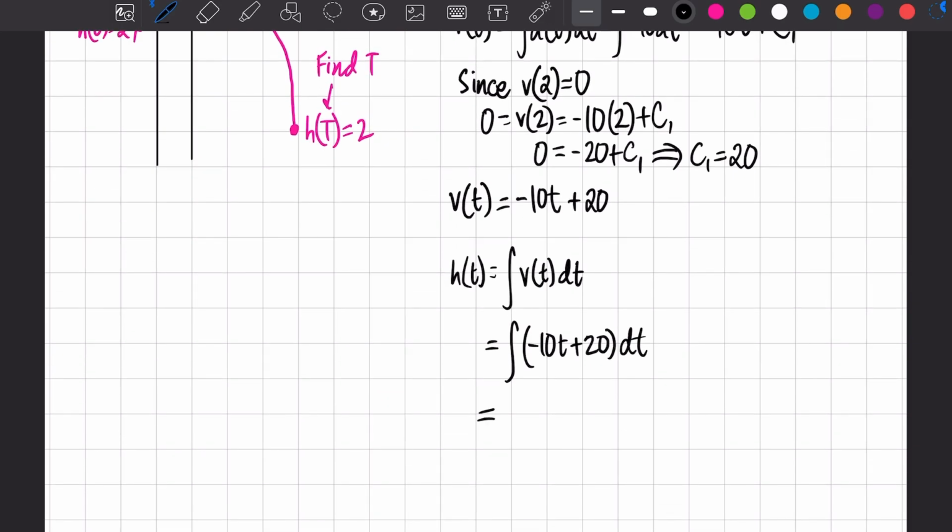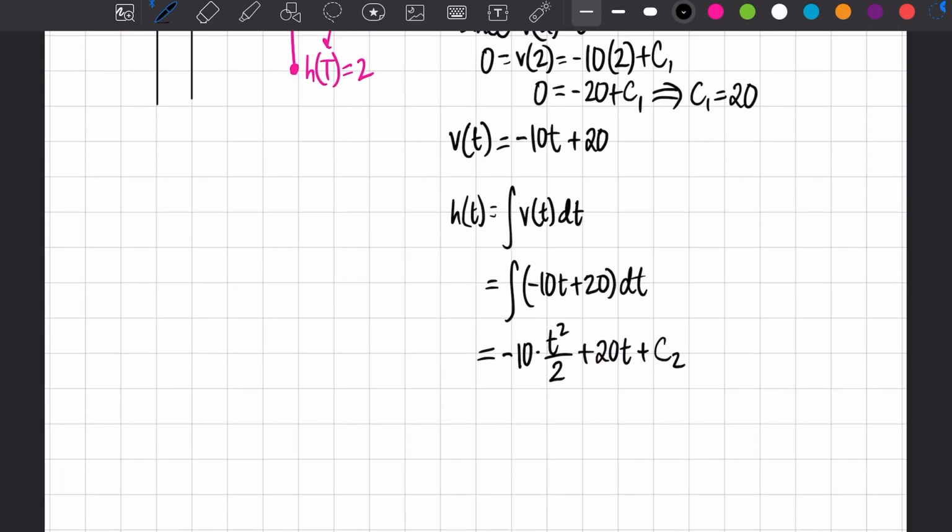So integrating this one, the integral of negative 10t is just negative 10 times t squared over 2, plus 20t, plus another constant, say c2. Simplifying this a little bit, we have negative 5t squared plus 20t plus c2.